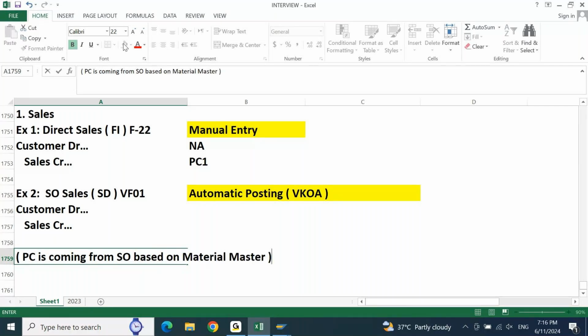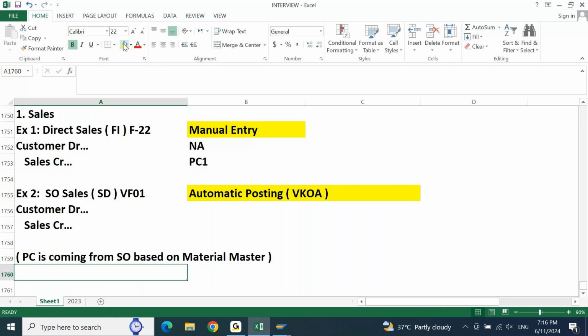Is this statement correct or incorrect? Correct, sir. Profit center is coming from sales order based on the material master, because when you're doing a sale, you may sell any product and each product is represented by a material master. In the material master, you will be able to update the profit center, yes or no?